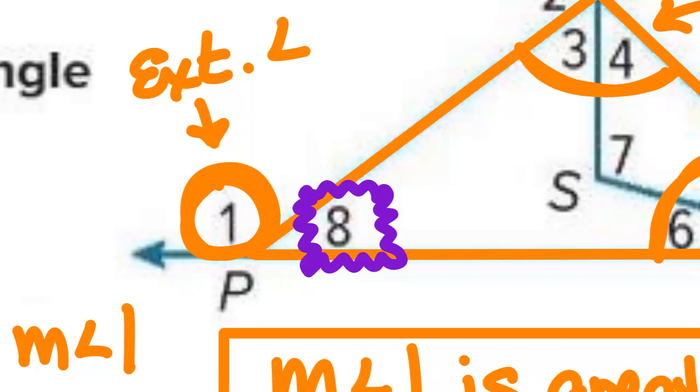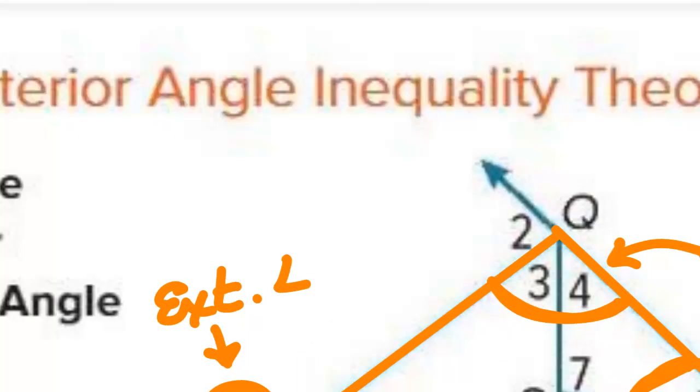angle 1 is bigger, I could draw another picture that has angle 1 right here and angle 8 right here, where 1 is smaller than 8. It all depends on my picture. So I have to find an angle that this is a remote interior angle for. And you said that's angle which one? 2. Angle 2. This is an exterior angle.